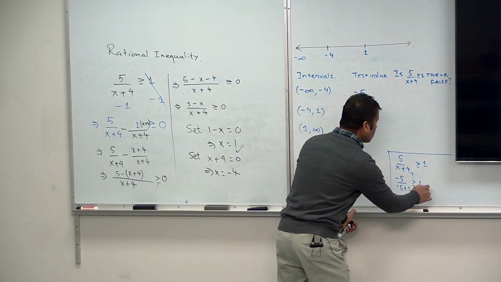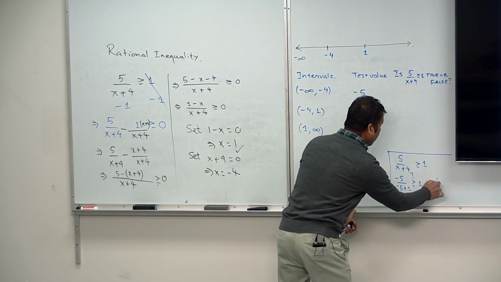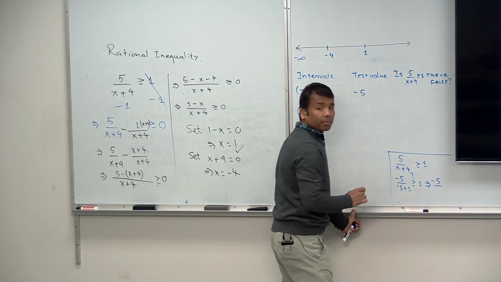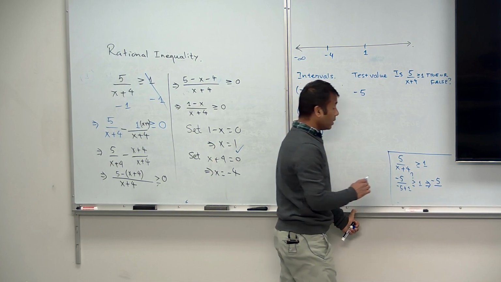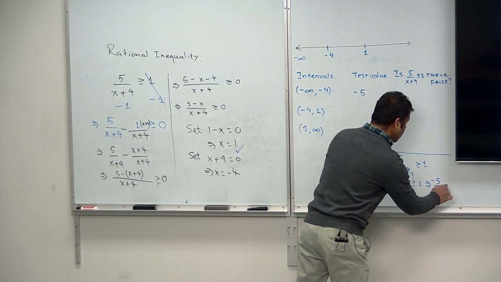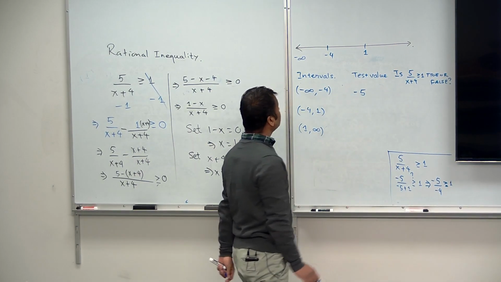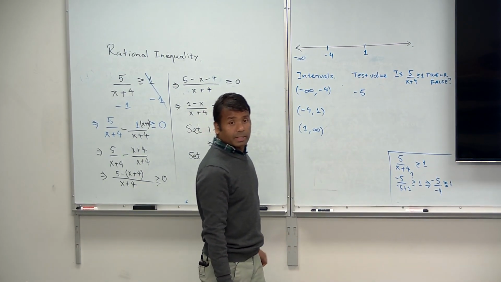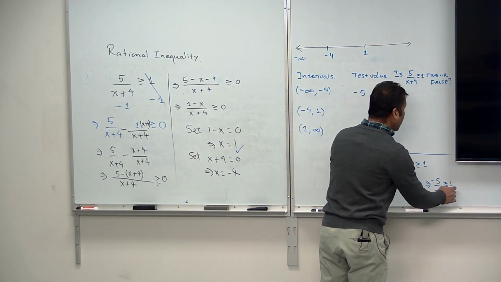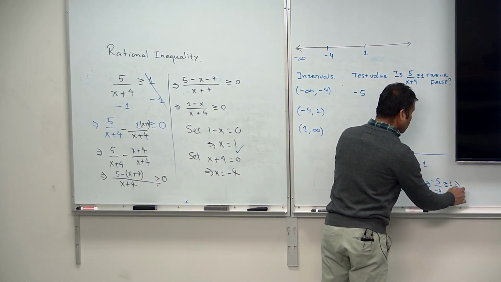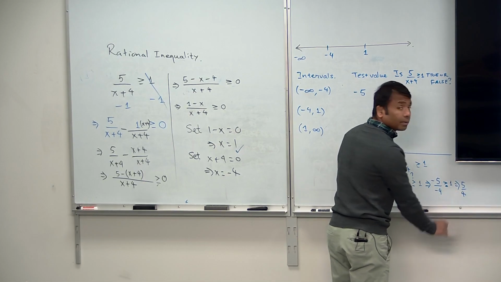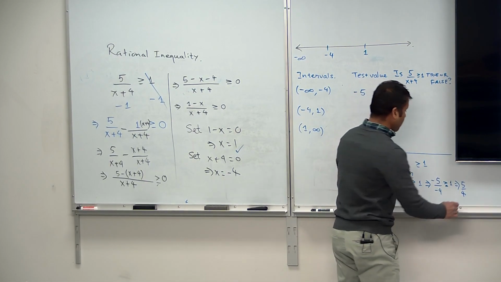So now you see here, this is negative 5 over, what is negative 5 plus 1? Negative 4 is greater or equal to 1. That makes sense? So now what is negative 5 over negative 4? It is 5 over 4. It's greater or equal to 1.